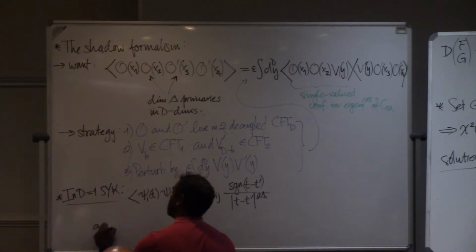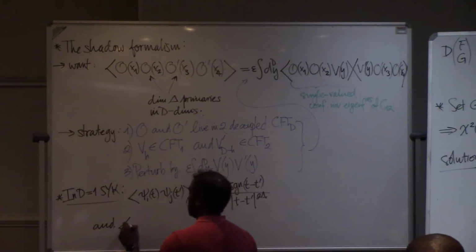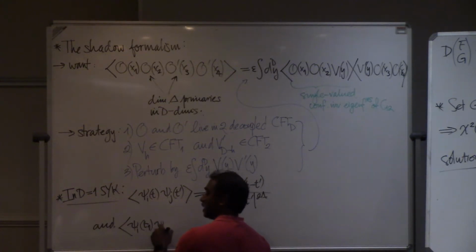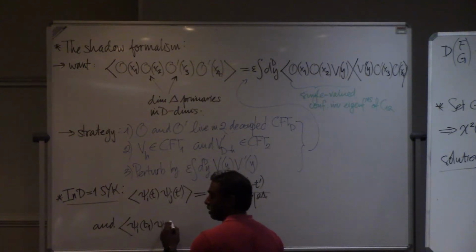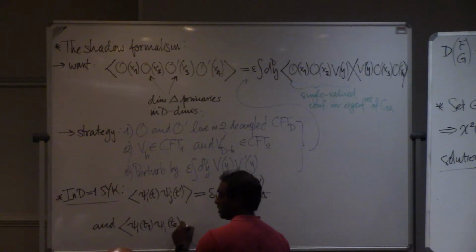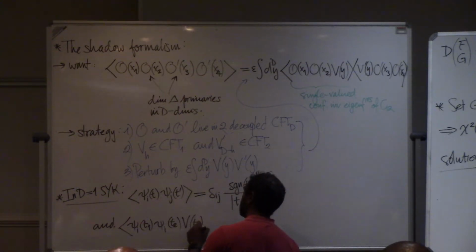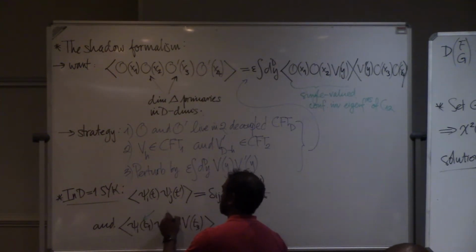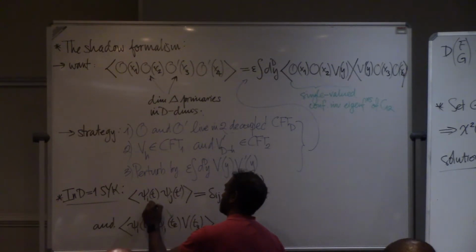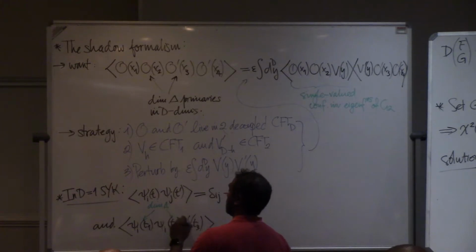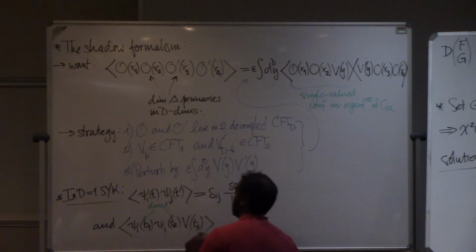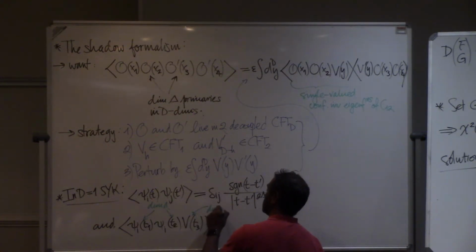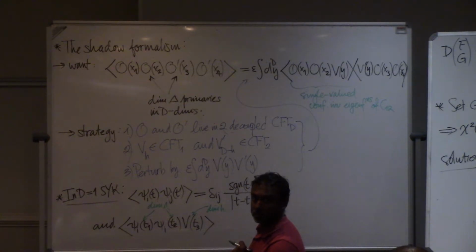And the 3-point function psi i of t1, psi i of t2, and V of t3. Now I should say that because these are dimension delta fermionic primaries, this has to be a dimension h bosonic primary, otherwise it would be 0. Okay?